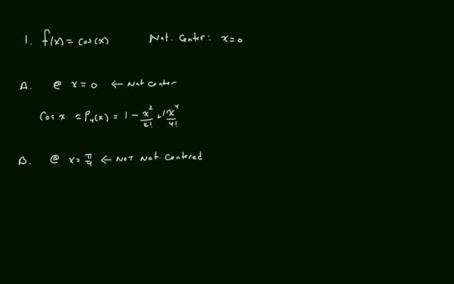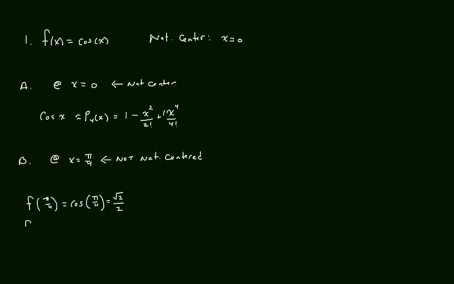So if I'm asked to write a series centered at a non-natural center, then I need to actually construct the power series. I can't just substitute into something that I know. So I'll need f at pi over 4. So that's going to be the cosine at pi over 4, which will be the square root of 2 over 2.